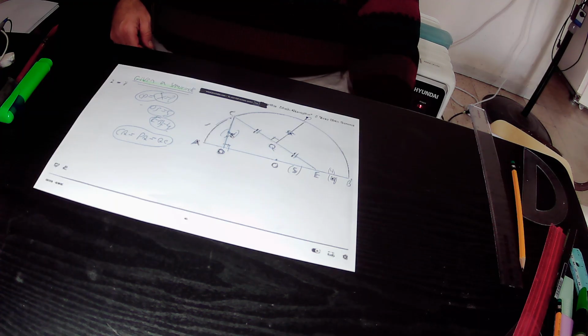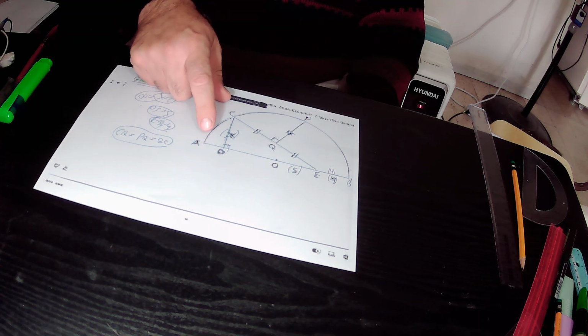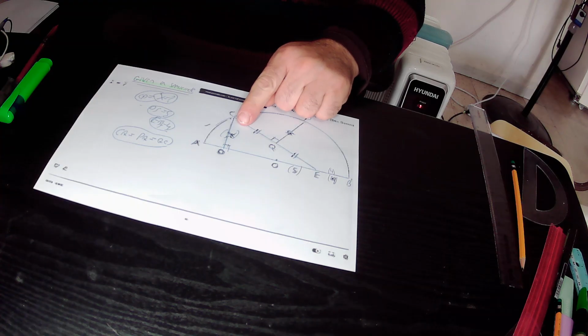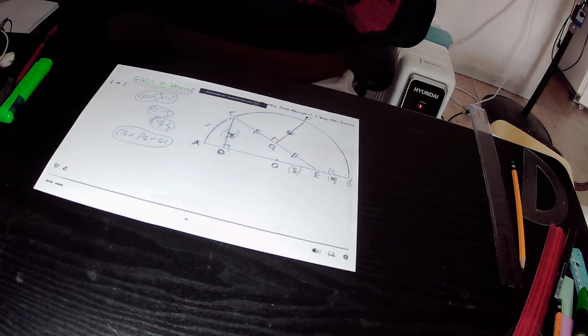In the second question, our task is to find the length of this line segment CD, which equals x. So we have to find the value of line segment x, equal to CD.